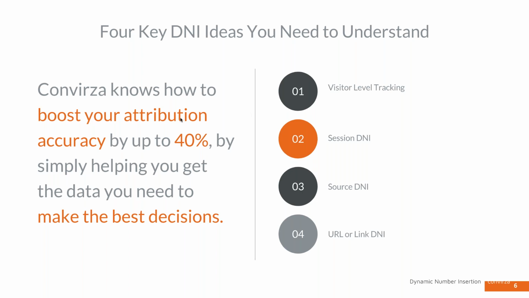Because of that, on the visitor side we're much more accurate, because we're not relying on last touch attribution. We can do first touch attribution and capture the complete visitor journey. So those are the 4 different types of DNI that you can use, and there are use cases for all of these. A lot of the people that we start with in the sales process will start with just source DNI, because you just need a basic thing set up, right?